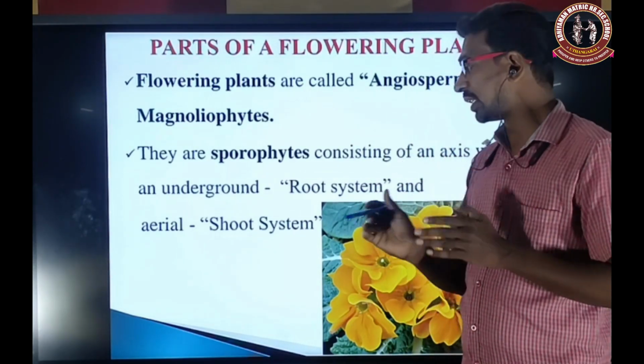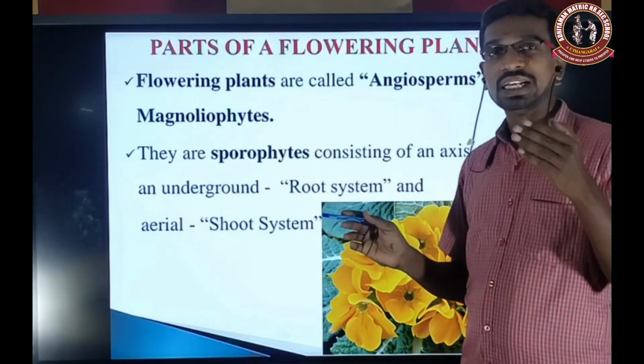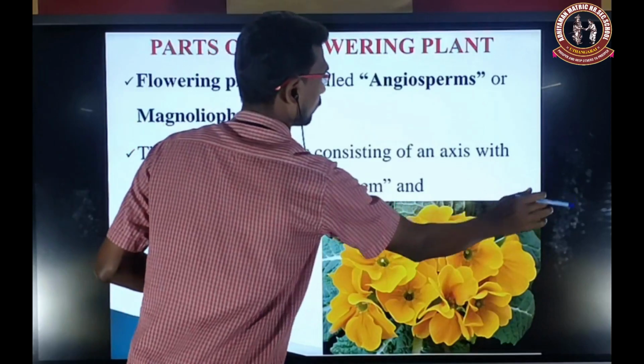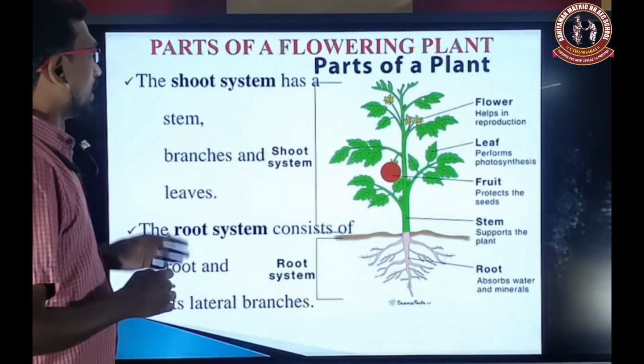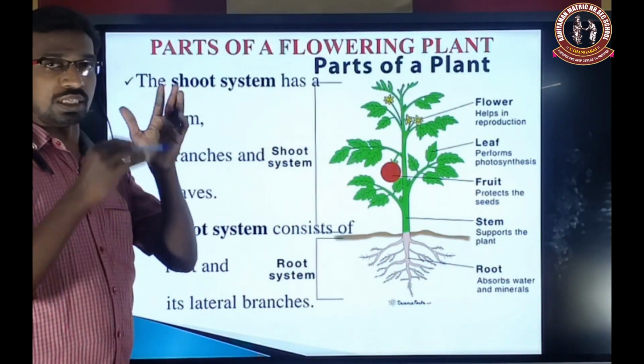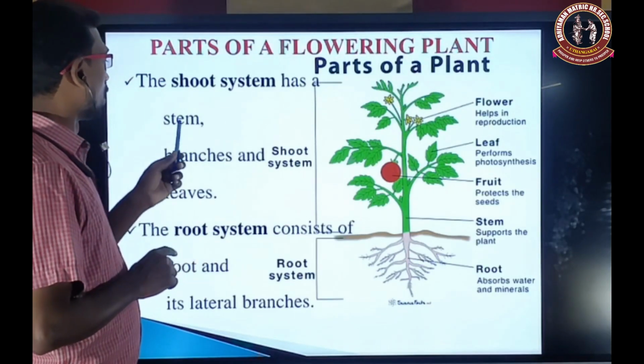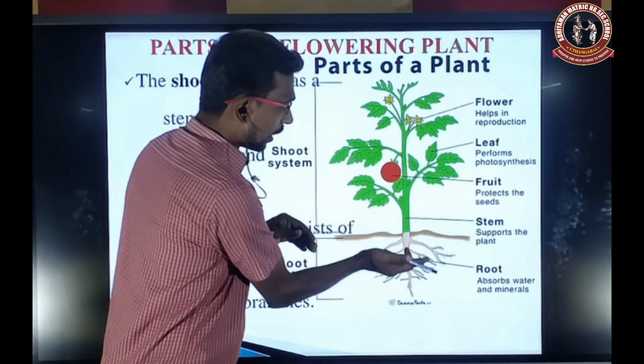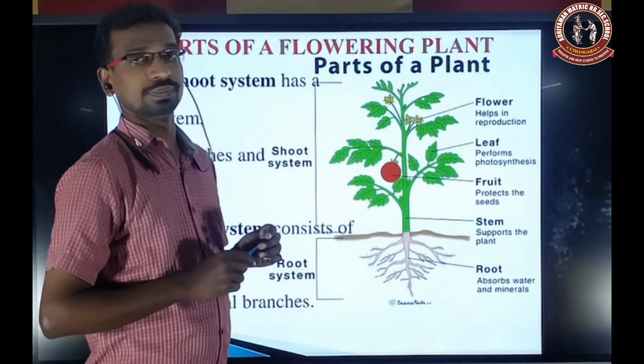The underground region is generally called the root system. The aerial region is generally called the shoot system. The shoot system, that is the aerial region, consists of the stem, branches and leaves.